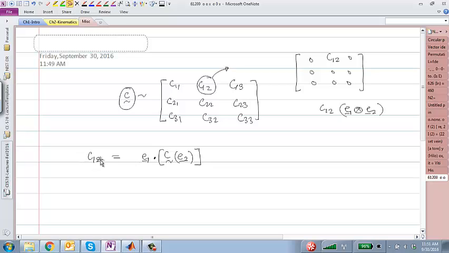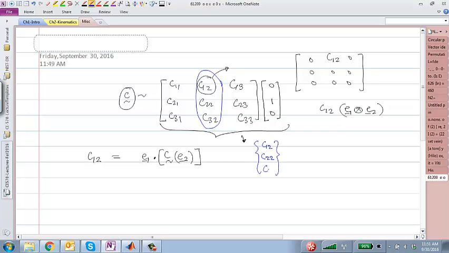Let's check. If I act this tensor on E2, that would be 0, 1, 0, that's E2, right? The result would basically be picking out the middle column, correct? So that would give me C12, C22, C32.